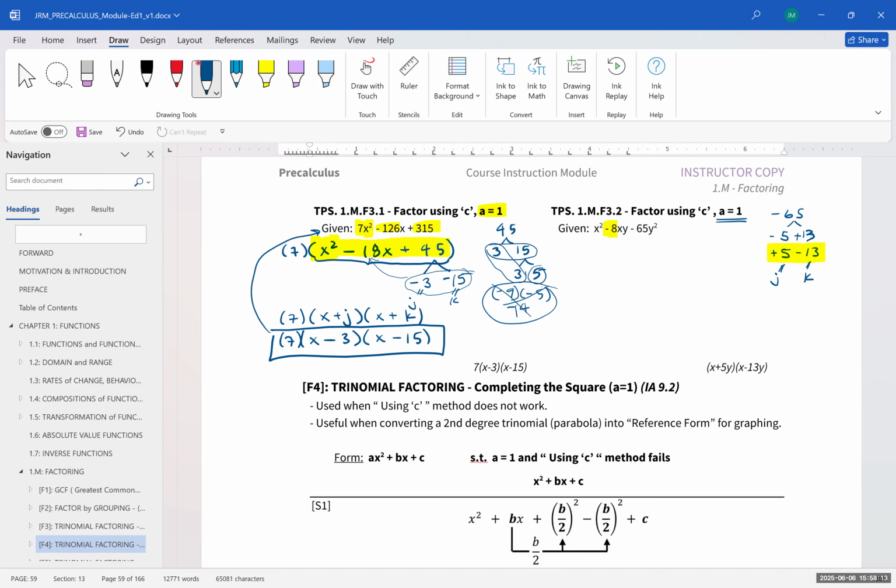So the form this is going to take is going to be x plus jy times x plus ky. And j is positive 5, and k is negative 13. And this then is the factored form of this trinomial up above.